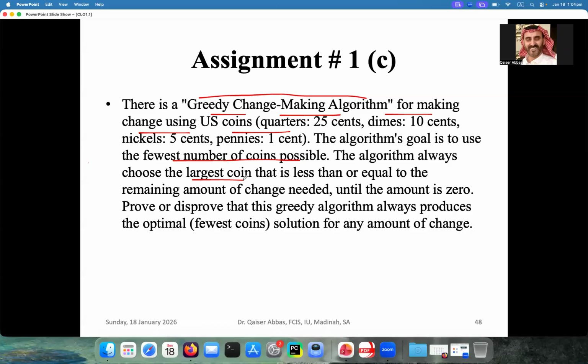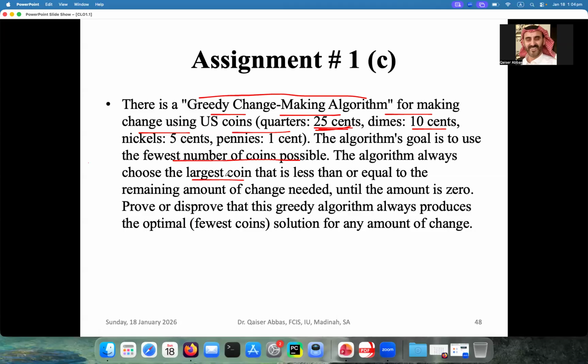For example, if you give it 50, it will give you two coins of 25. If you give it 60, it will give you two coins of 25 and one coin of dime, meaning 10 cents. This is what it means.